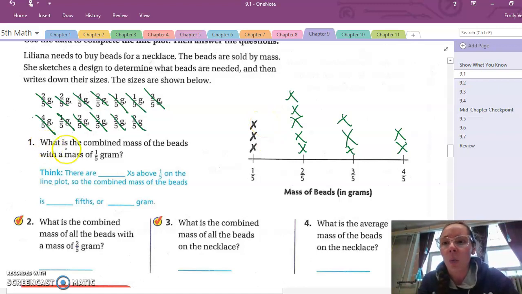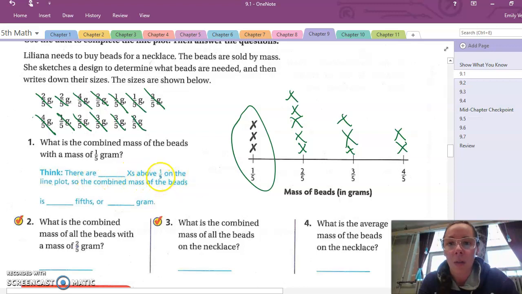Okay, first question. What is the combined mass of the beads with a mass of 1/5 of a gram? So we're just looking at these ones here for right now. There are how many x's above 1/5? 1, 2, 3. Just using your data or your chart to help you.